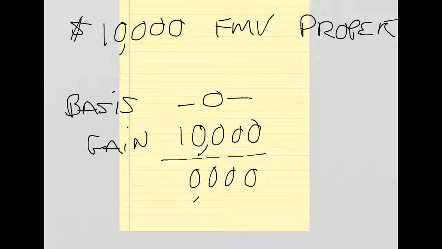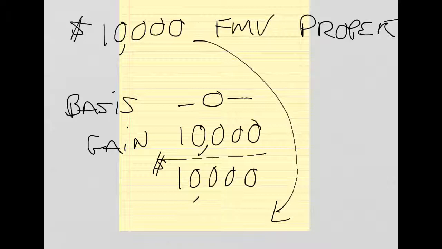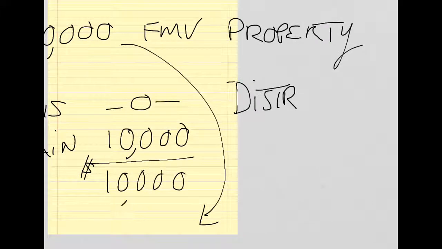That's good news because we're now going to get our dividend, quote unquote, we're going to get a receipt of $10,000 fair market value to the shareholder, which will not be taxable because it is like a distribution. And what we learned in pass-through entities is that distributions are not taxable. And if you want to call it a dividend because it's coming from an S corporation, go right ahead.